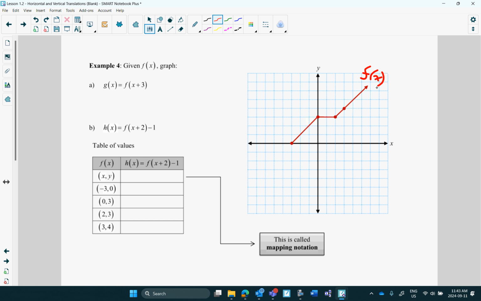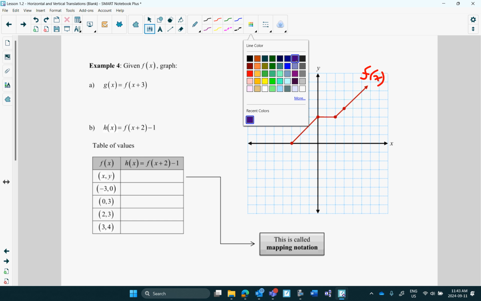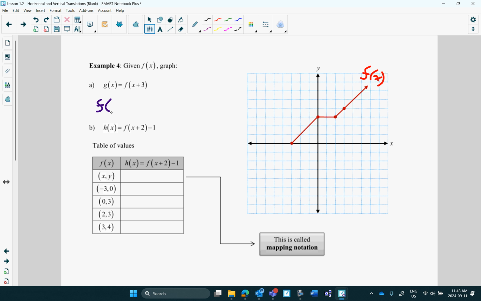3 to what? So that means I got to take the red one and move everything 3 to the left. So we just used the graph to do this, right? So this tells us f of x, 3 left. And then I've just replotted it. So 3 to the left here.